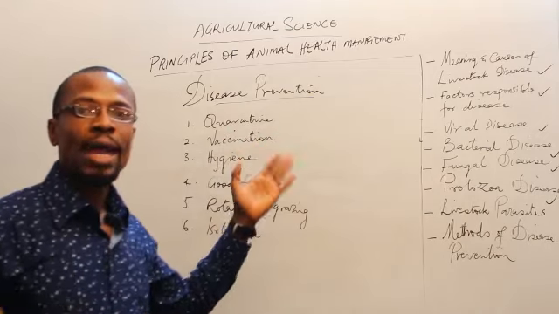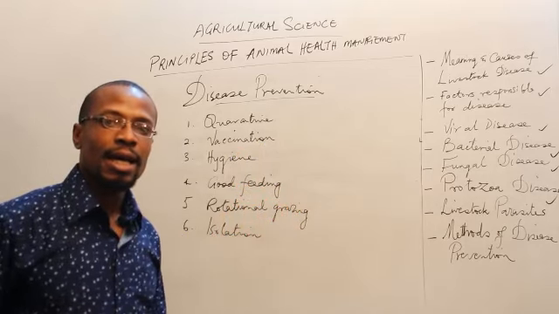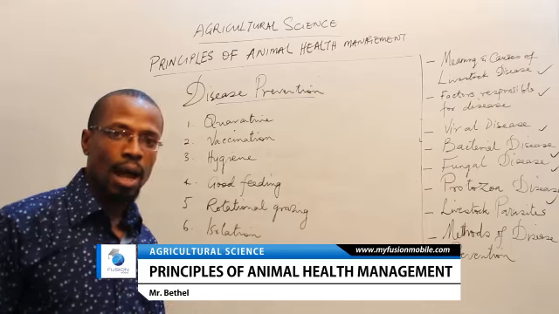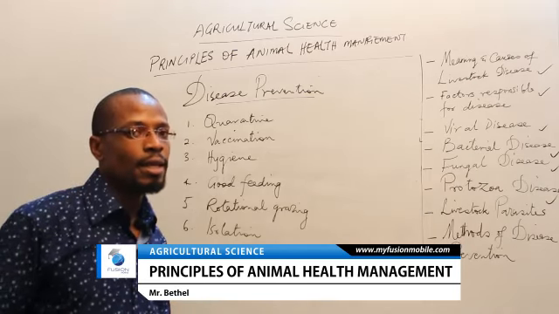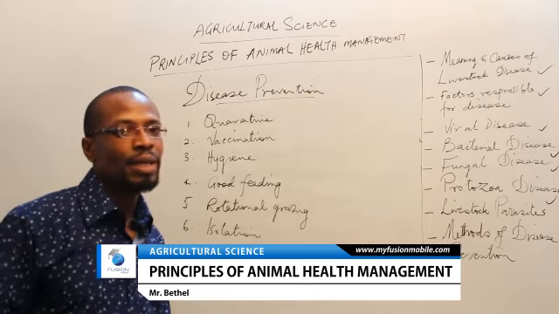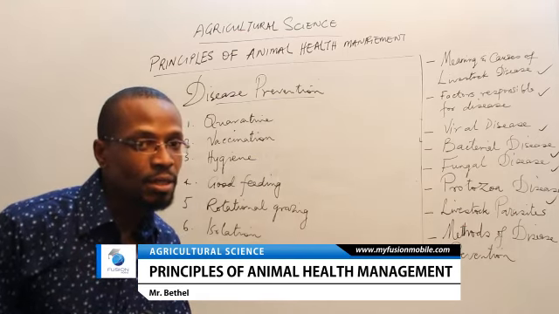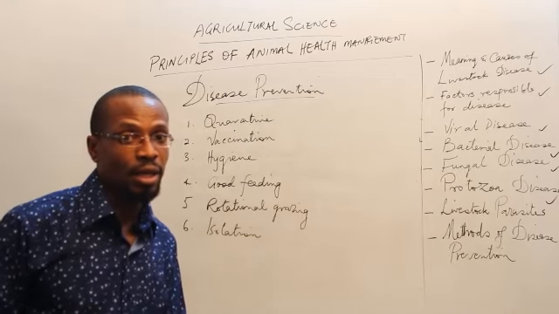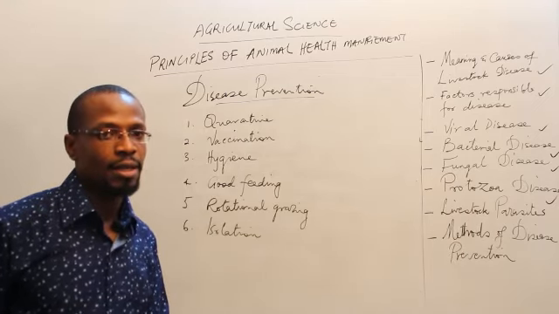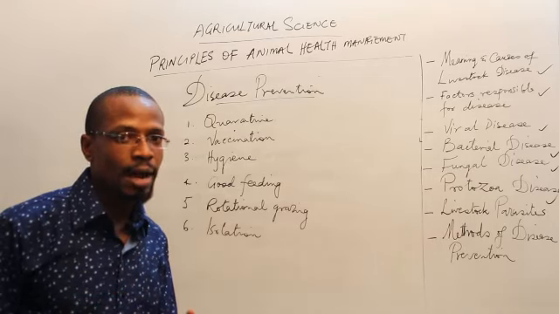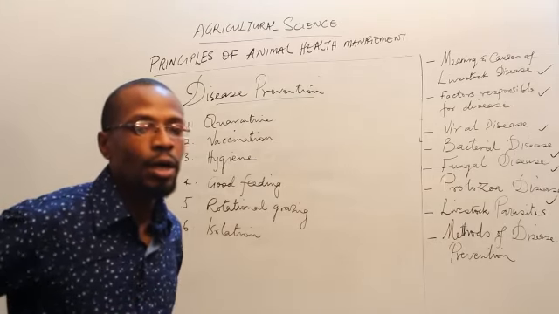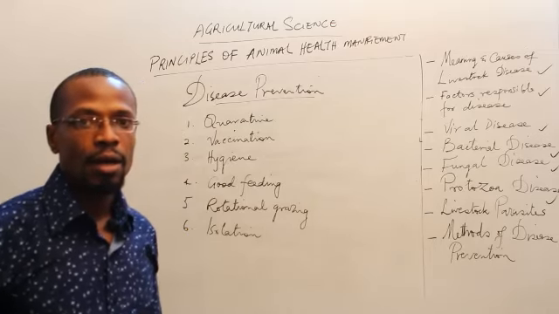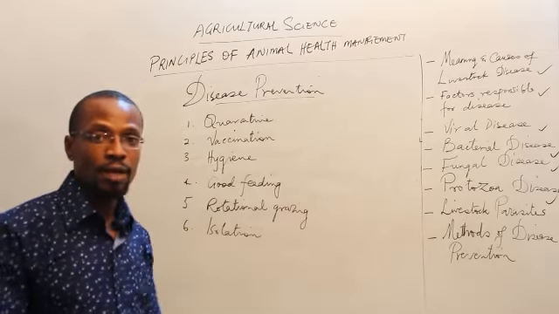Quarantine: when new animals enter into the farmhouse, these new animals should be kept separately, where they will be studied, evaluated, and checked by the farmer to ensure that they are not carrying diseases before they are introduced into the rest of the animals.